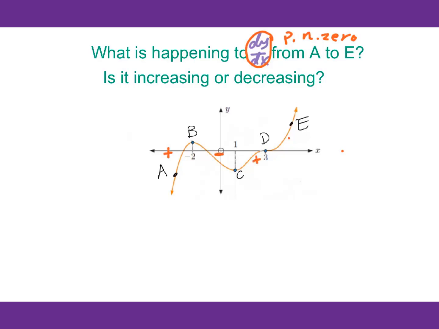This is positive, here is positive. And we have this point that's equal to 0. So we can write down from A to B, dy by dx positive. The graph is increasing.